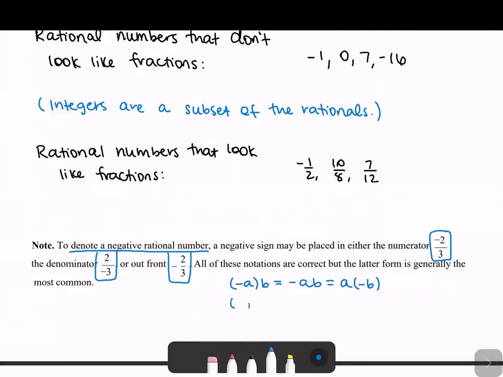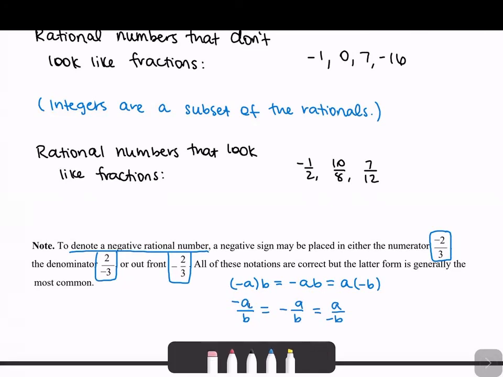So this also tells us that negative a over b, if we just change everything instead of multiplication, if we just change it to division, is a over negative b. And this just comes from that property that we had. All of these are equivalent because we had this property in multiplication. Okay, so we can write these in any way, and they're all equivalent.